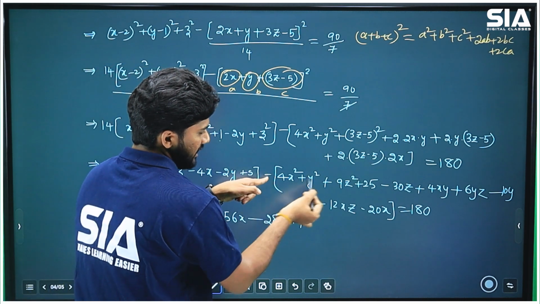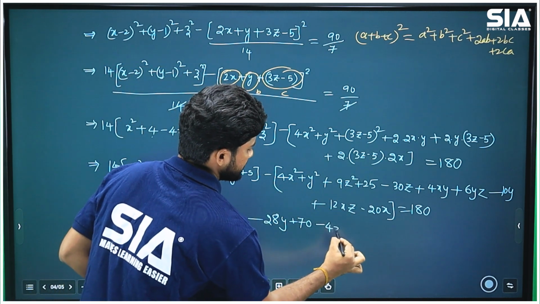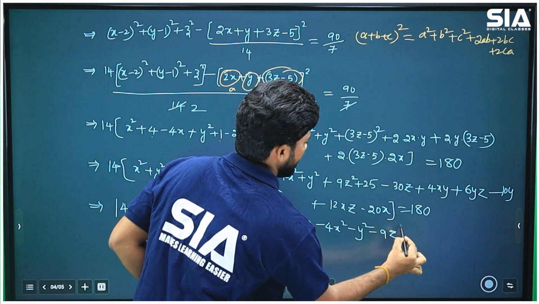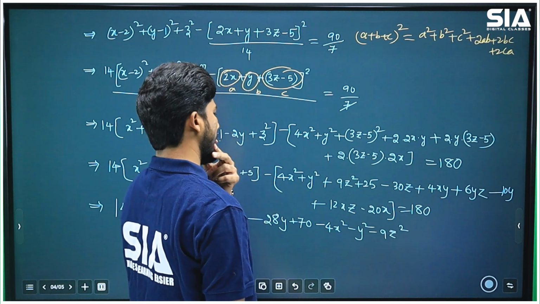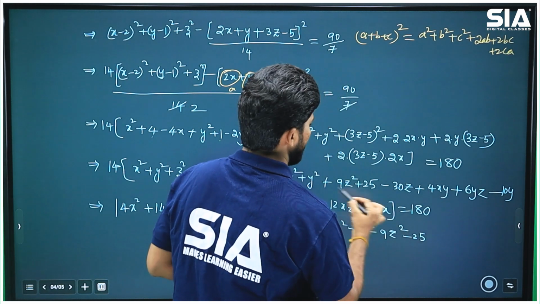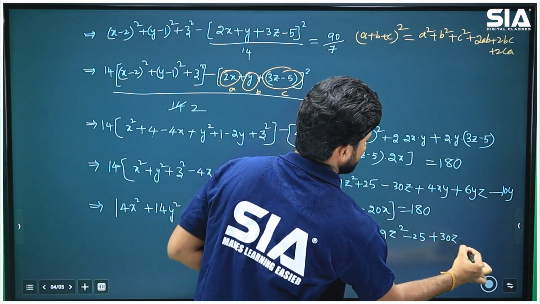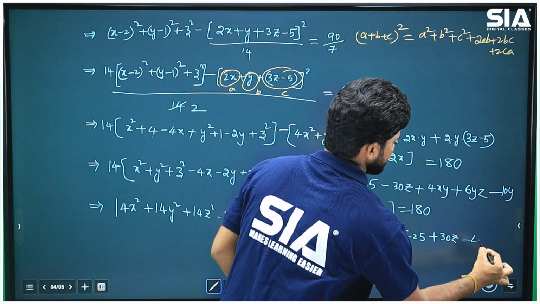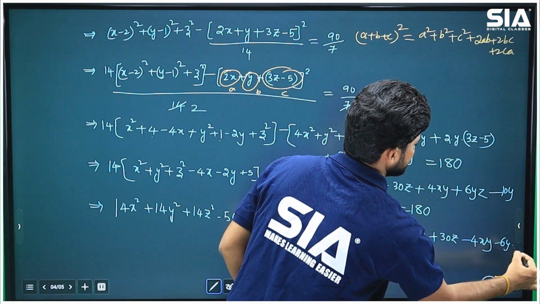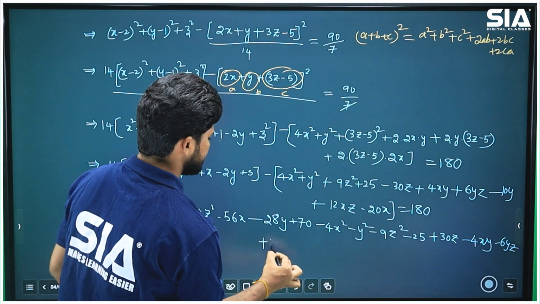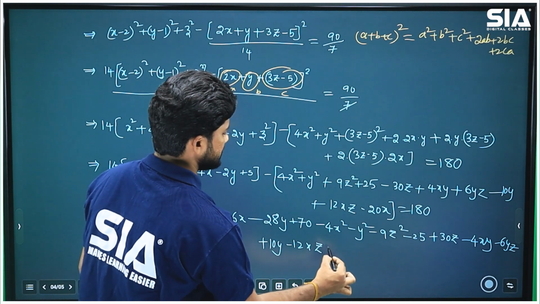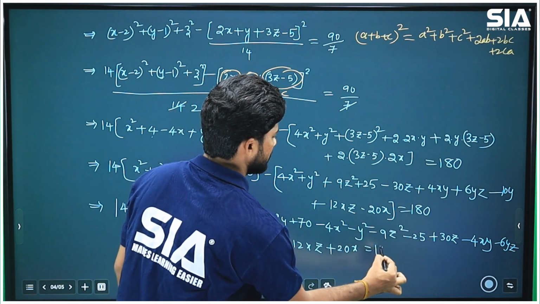Now multiply with the minus: minus 4x square minus y square minus 9z square, minus 25, minus into minus plus 30z, and minus 4xy, minus 6yz, minus into minus plus 10y, minus 12xz, minus into minus plus 20x is equal to 180.